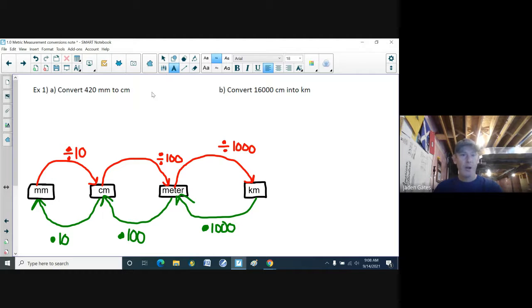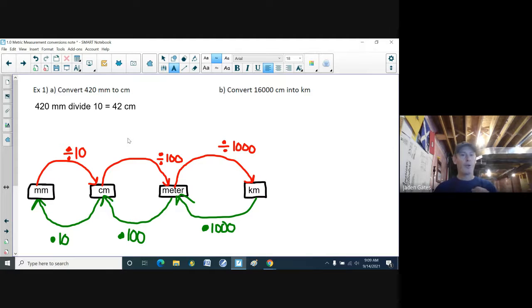I take my 420 millimeters and I divide by 10. And of course, if you got a calculator handy, I always have one handy here. I take 420 and divide it by 10, I get 42 centimeters.